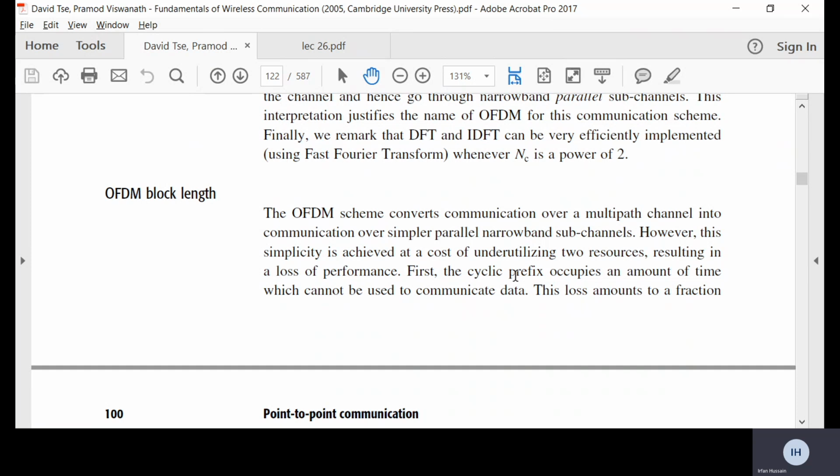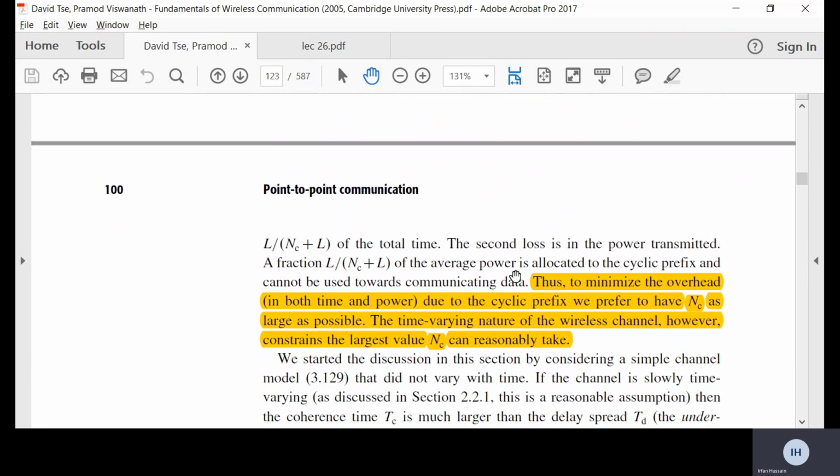The cost is that you have to have a cyclic prefix, which we saw in the last lecture, of length L. This means that data would not only be NC, but actually NC plus L. So this fraction L over NC plus L would be wasted of the total power, allocated to the cyclic prefix, this L length prefix which we studied in the last lecture.